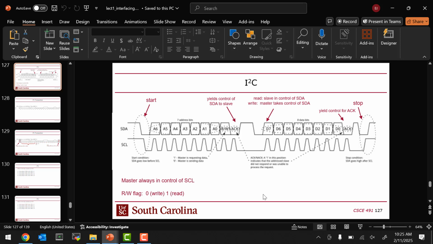So you might say, well, then how do you determine which slot on that device you want to read or write to? Like what is the control register and the status register address? Where do those go?